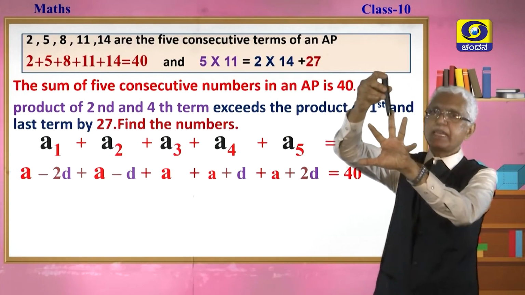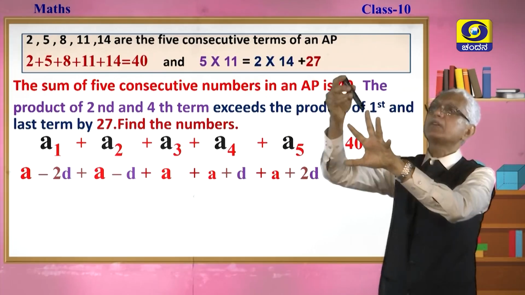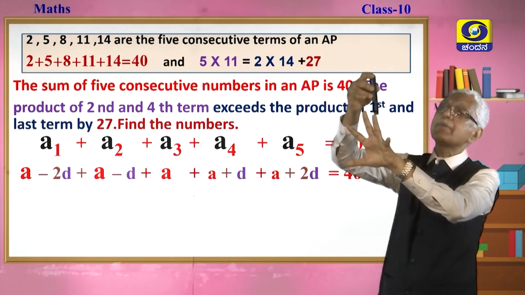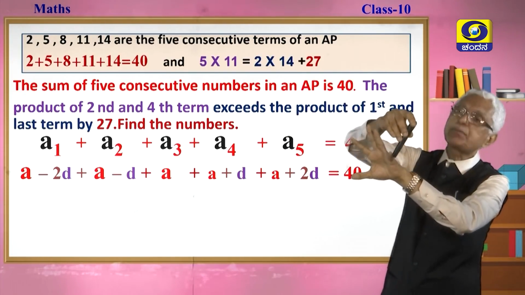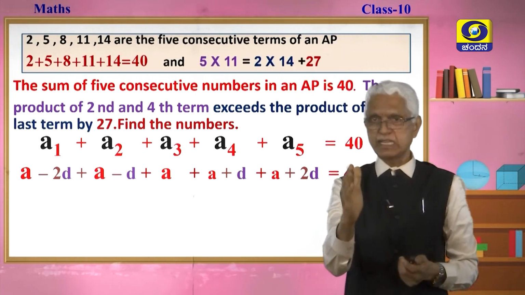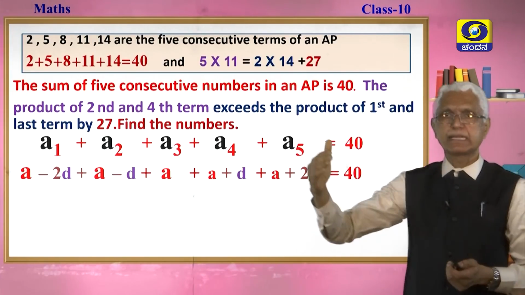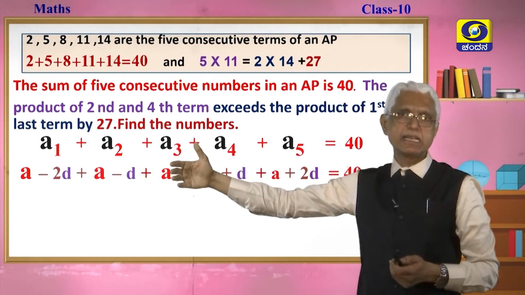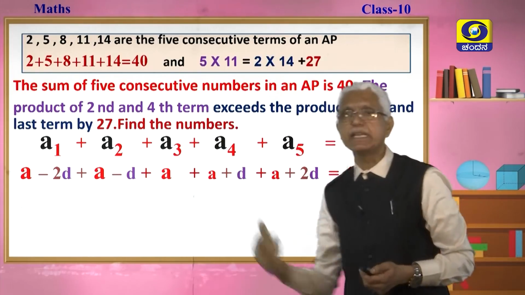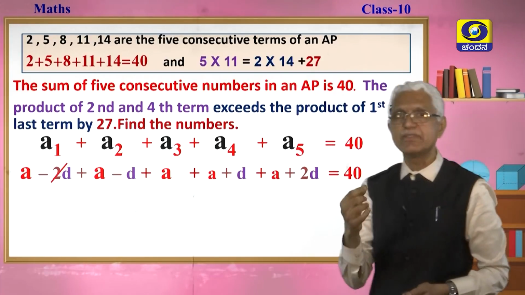Let this term be a. Next term a plus d. Next term a plus 2d. Previous term a minus d. Another previous term is a minus 2d. This will be helpful because you will realize the advantage of it.